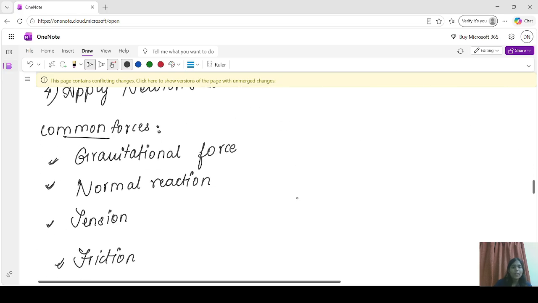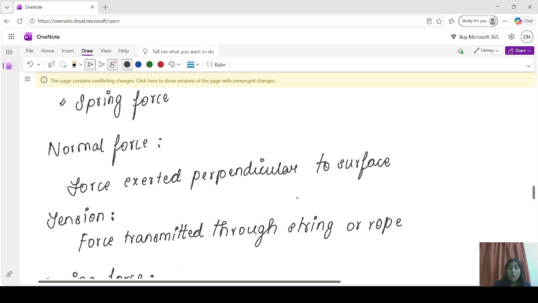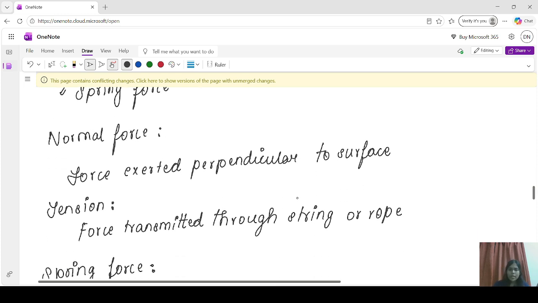Okay. And now let us see some common important forces. I have mentioned gravitational force, normal reaction, tension, friction, and spring force here. First, let us see what is normal force. Force exerted perpendicular to the surface. So, the table pushing the book upwards.